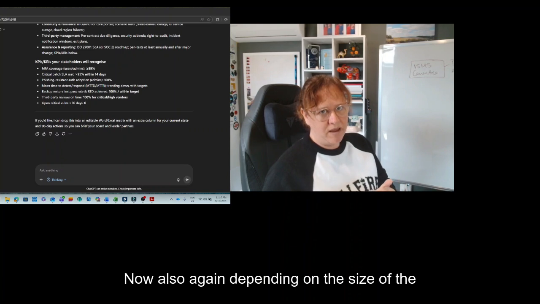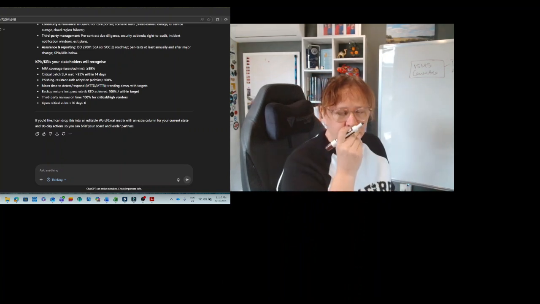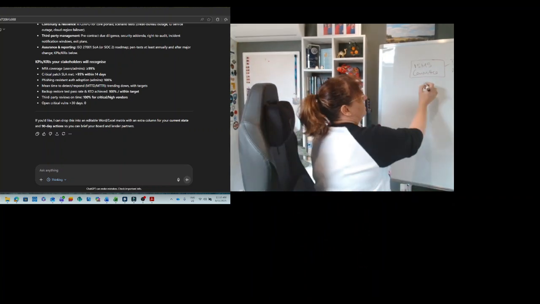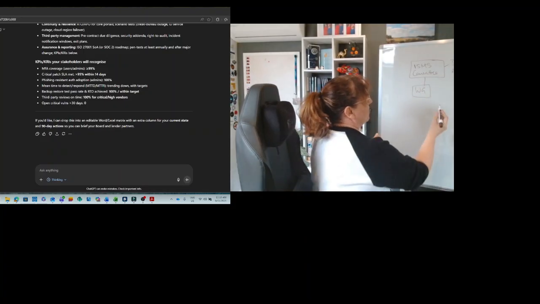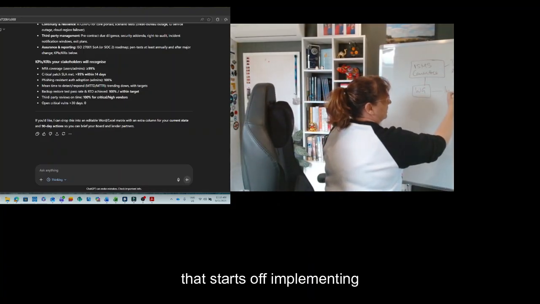Now, also, again, depending on the size of your organisation, you may also have a working group that starts off implementing.